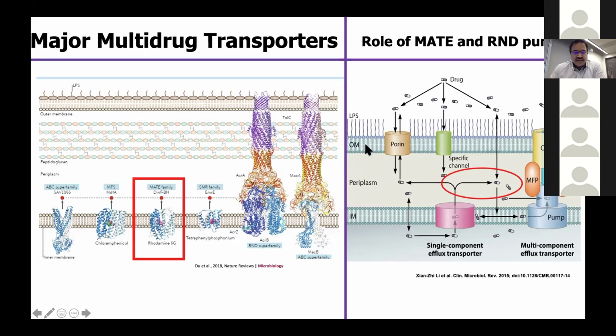Having said that, in Campylobacter, people have identified CmeABC. It is an RND transporter which is involved in the extrusion of erythromycin, ciprofloxacin, norfloxacin, as well as some dyes. Whereas there is no MATE transporter being studied extensively.